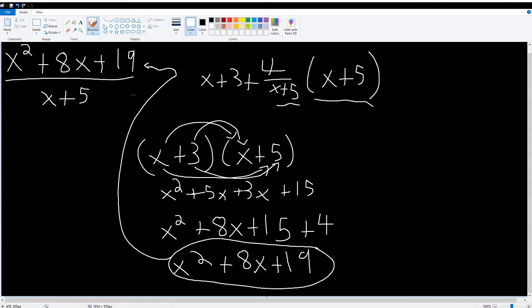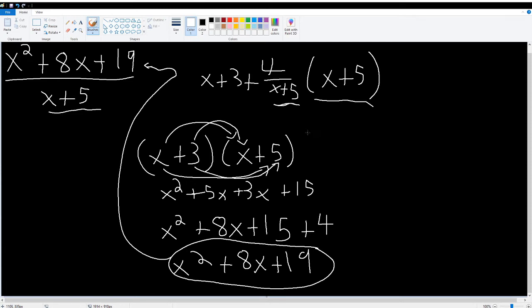Okay, so what did we learn here? We learned that when it comes to long division, we treat it like we would with a regular number. See how many times the divisor goes into the dividend, subtract, bring down a number, rinse, repeat. At the end, whether or not you get a remainder, you put it over its divisor. The divisor in this case was x plus 5, so I put 4 over x plus 5.